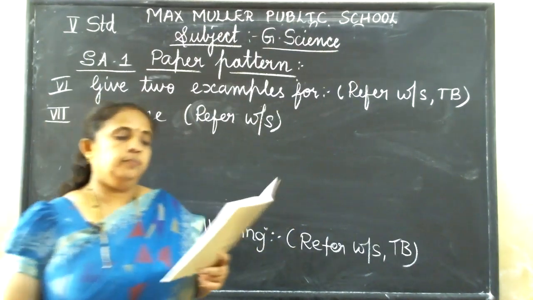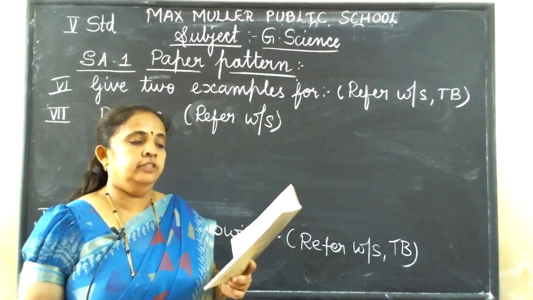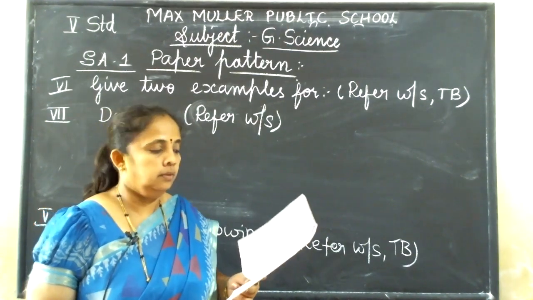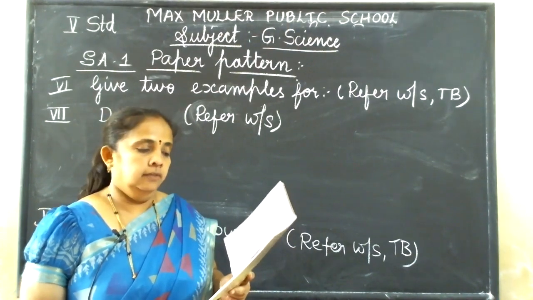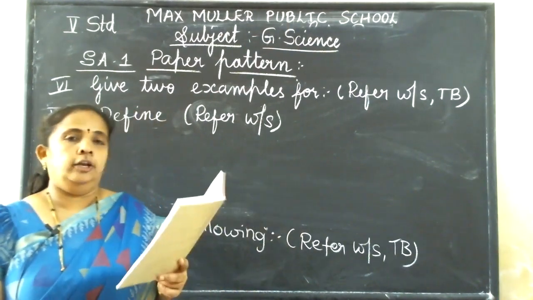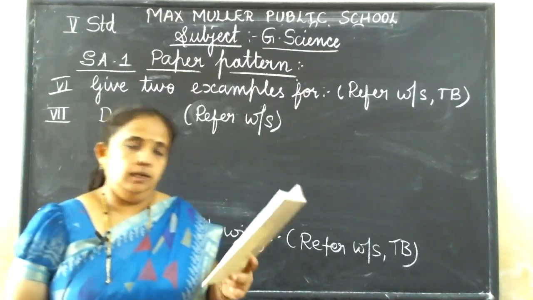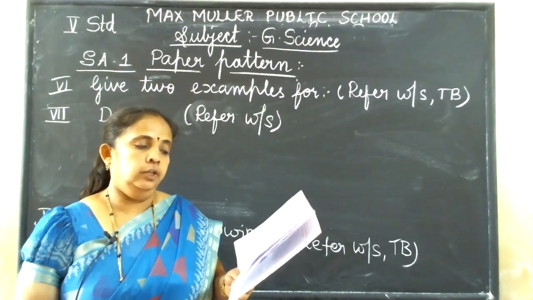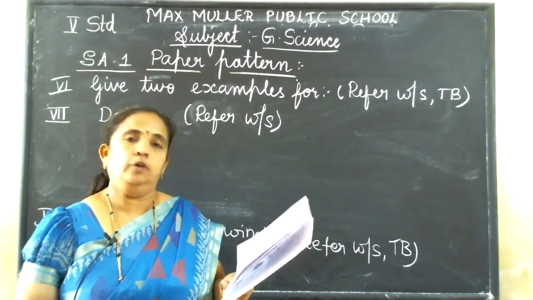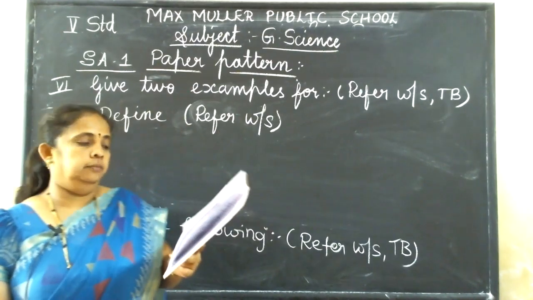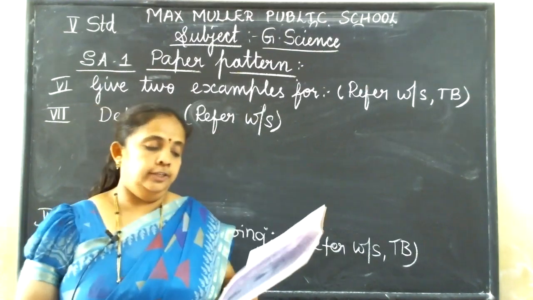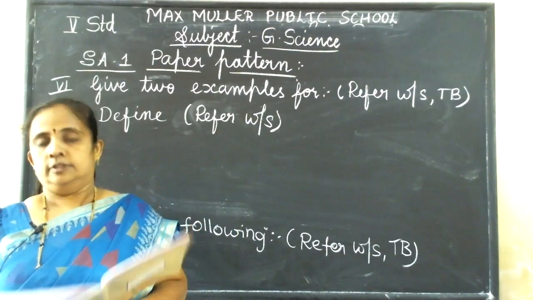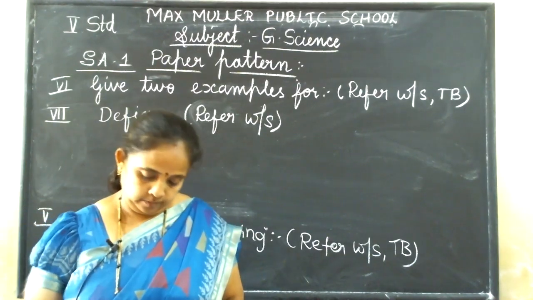Next, pest: an organism which destroys crops or spreads diseases. Fourth, habitat: the environment in which an animal or a plant lives naturally. Fifth, camouflage: the ability of animals to merge with the surroundings for protection. Sixth, vegetative propagation: producing new plants from roots, stems, and leaves.